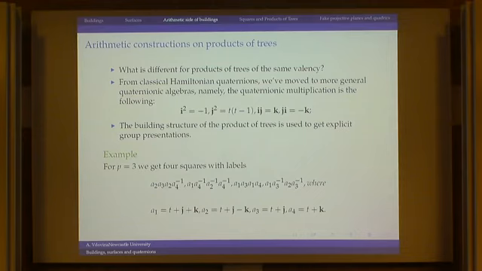Another exercise: what is the link in this case? The link in this case is a complete bipartite graph K 4,4. So everybody has to be connected with everybody.